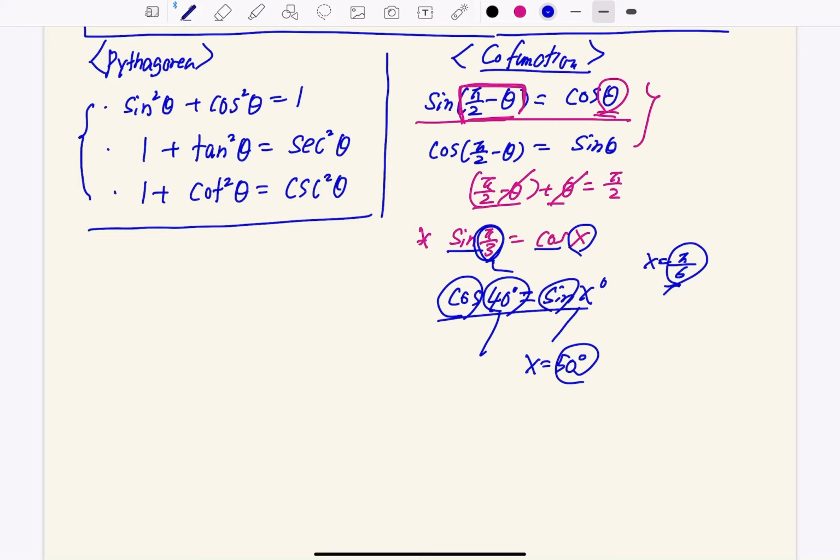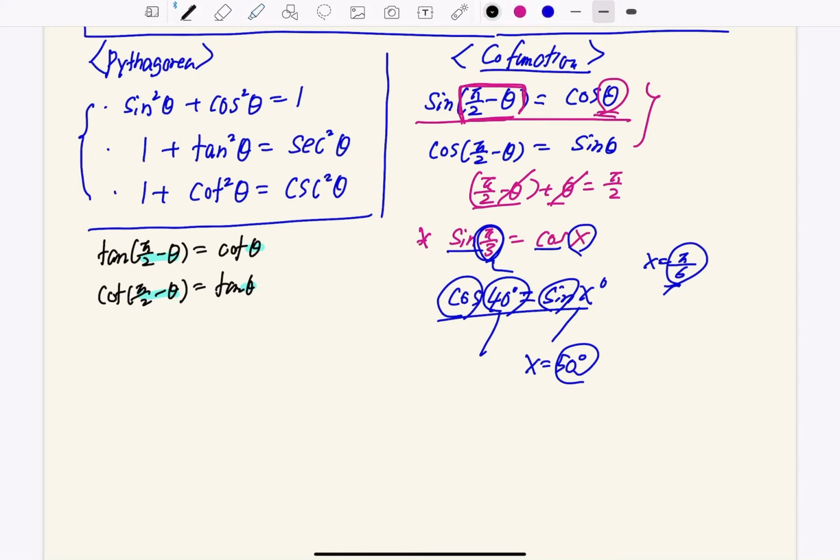And we can use this rule for other functions, like this. Tangent of pi over 2 minus theta is equal to cotangent theta. And cotangent of pi over 2 minus theta is equal to tangent theta. Same relationship. If angles are complementary, tangent and cotangent are the same.